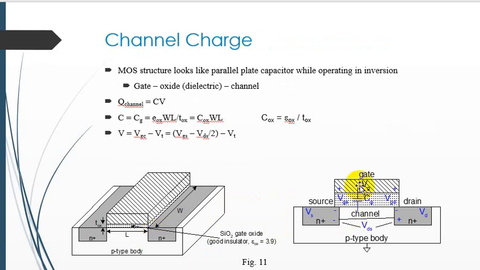Between the body and the channel there is a capacitance, represented as Cg, or here between the oxide layer, COX. The structure looks like a parallel plate capacitor while operating in inversion mode: gate, oxide dielectric, channel. Q channel, Q is equal to CV, and here is the basic calculation to find the voltage by simply substituting the values of C in the Shockley equation.